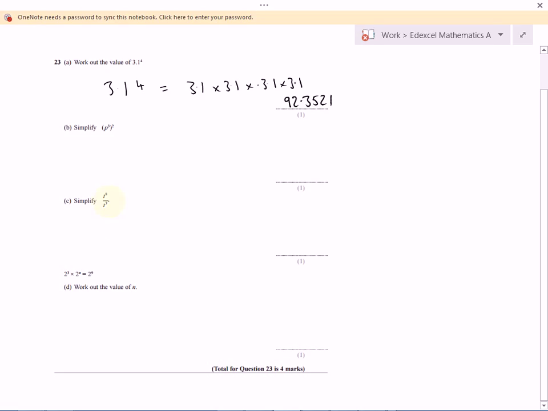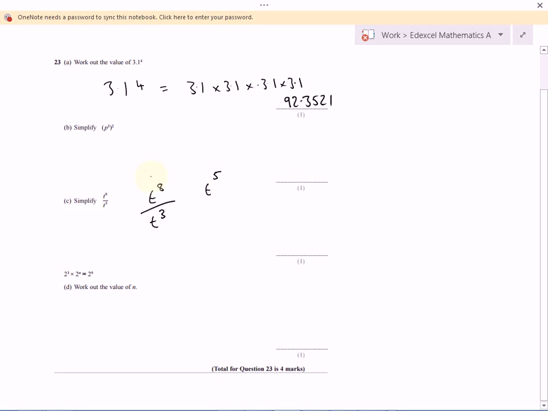So there's a rule: if we're dividing an index by another index, then we take away the bottom number from the top number. So t to the power 8 means t times t times t 8 times, divided by t to the power 3, which means t times t times t. The way to do it is to take 3 away from 8, which leaves us with t to the power 5, and that's your answer for this one.